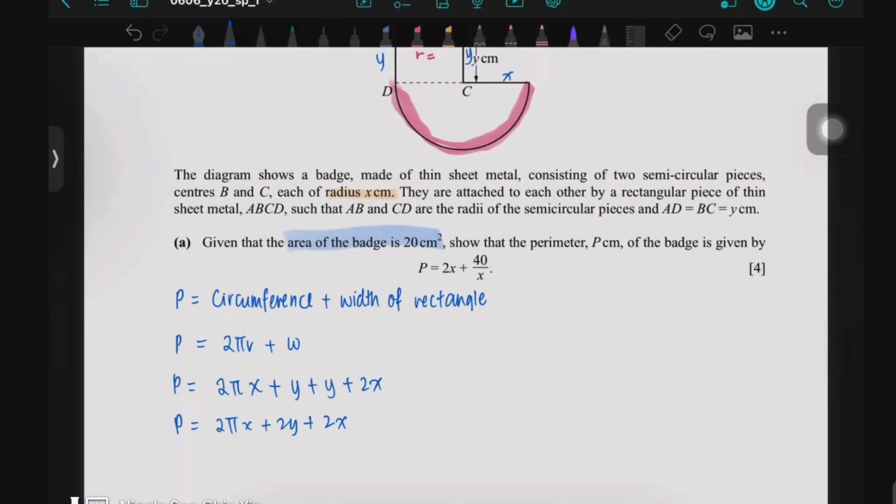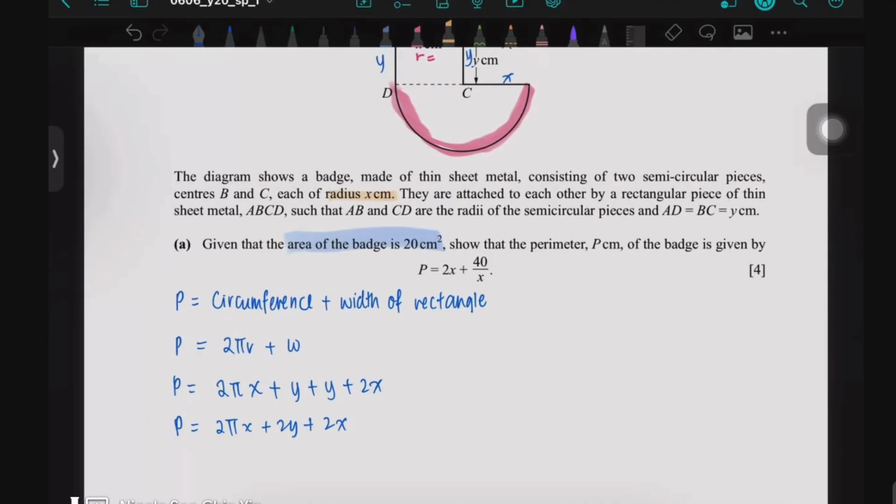However, look at the question, they want you to show it becomes 2x plus 40 over x. So in other words, x must be in the equation. I only need to do something about my y. How are we going to settle my y?